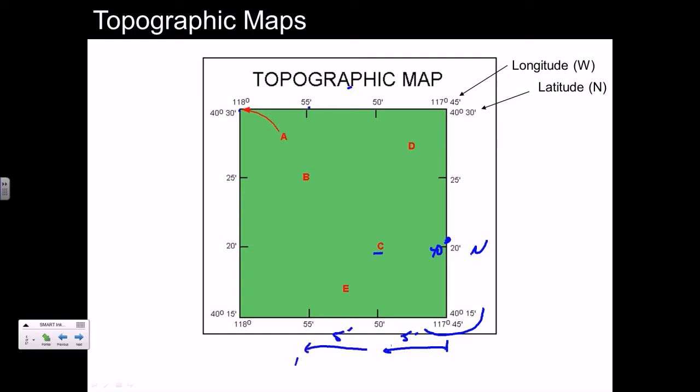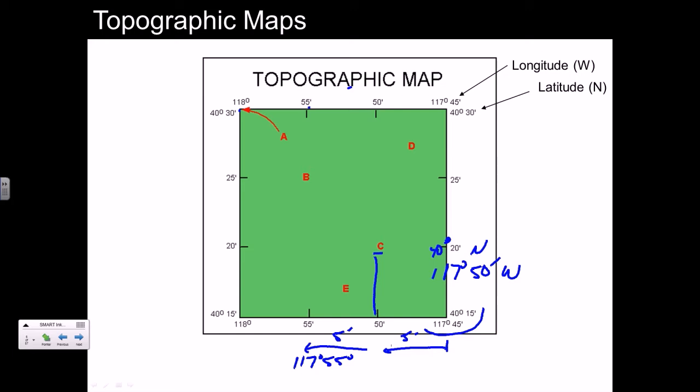And so now I'm at 117 degrees, 55 minutes. But since I'm right here, I'm actually at 117 degrees, 50 minutes to the west. Okay, so that's for C.